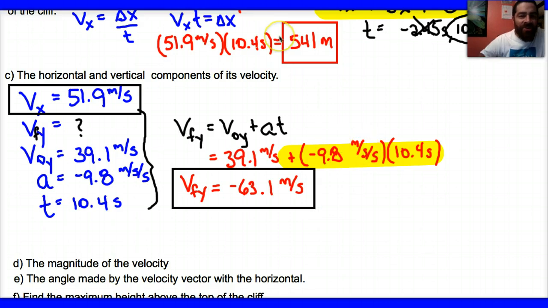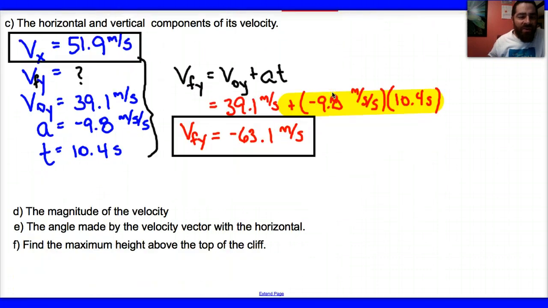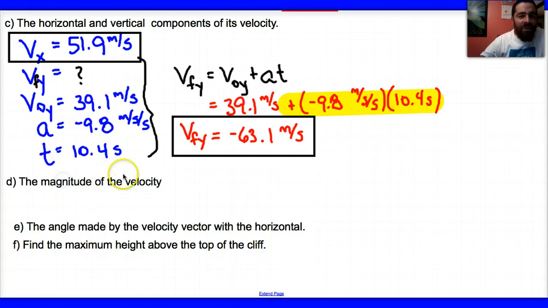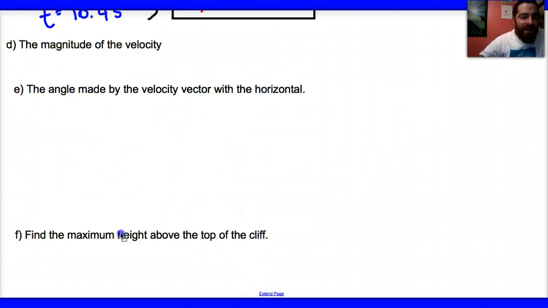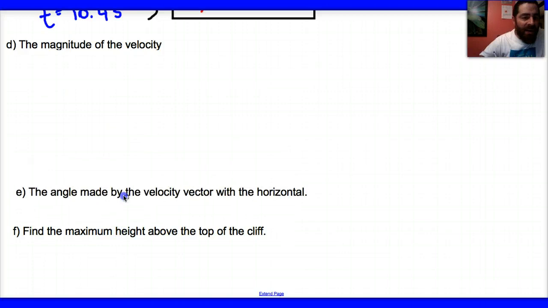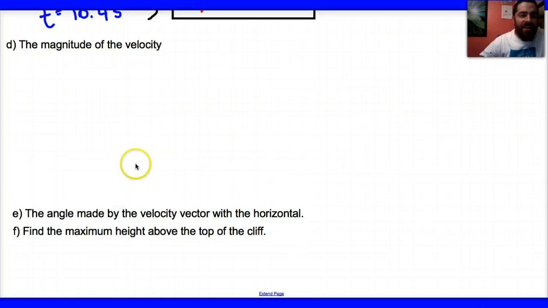Part D goes on to ask what we can say about the magnitude of the velocity. So in part D, we have both the x and the y pieces, and now we have to find the magnitude. As we can see, question E is eventually going to ask for the angle.